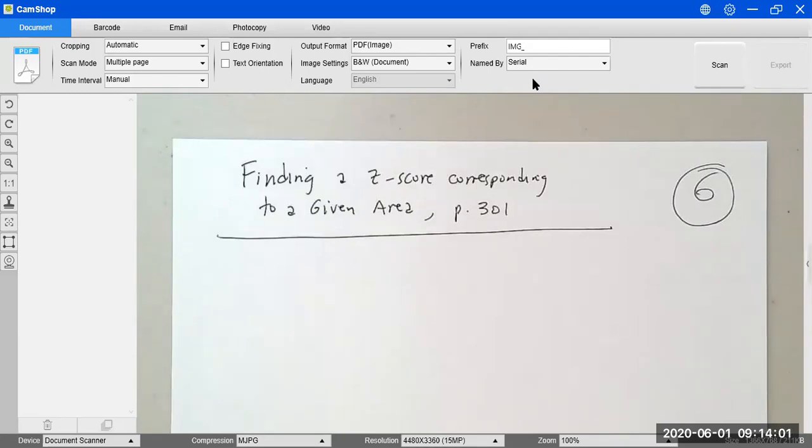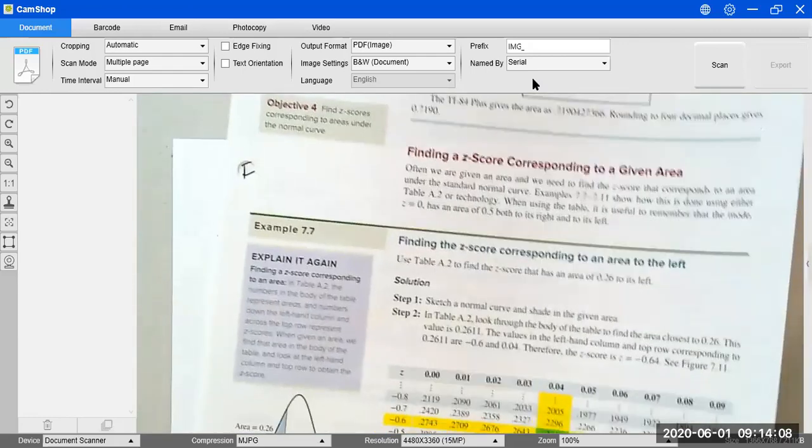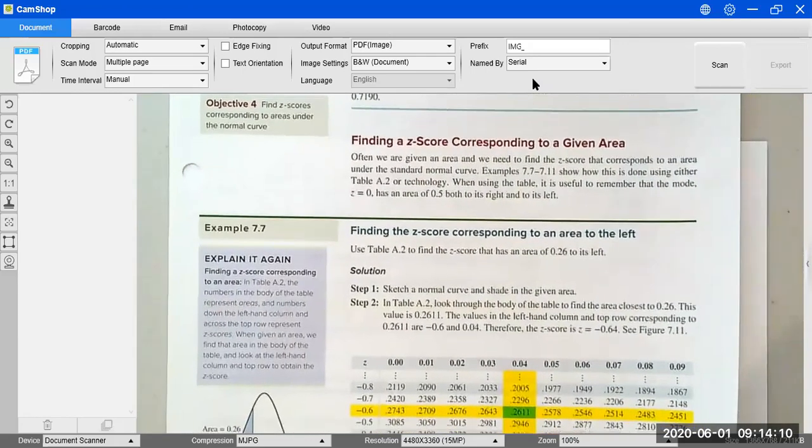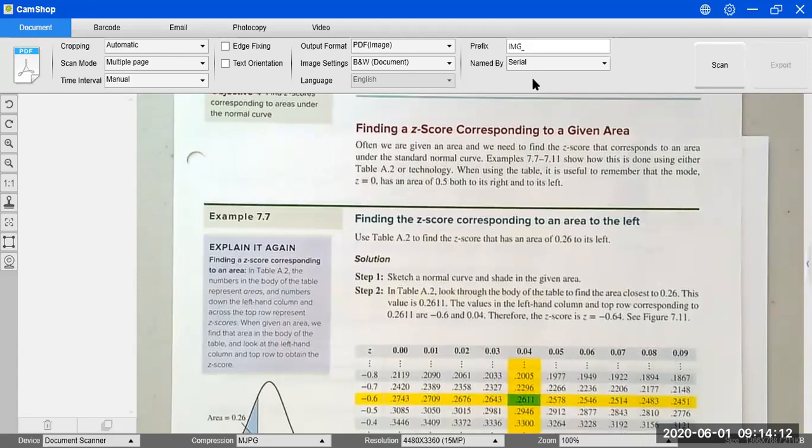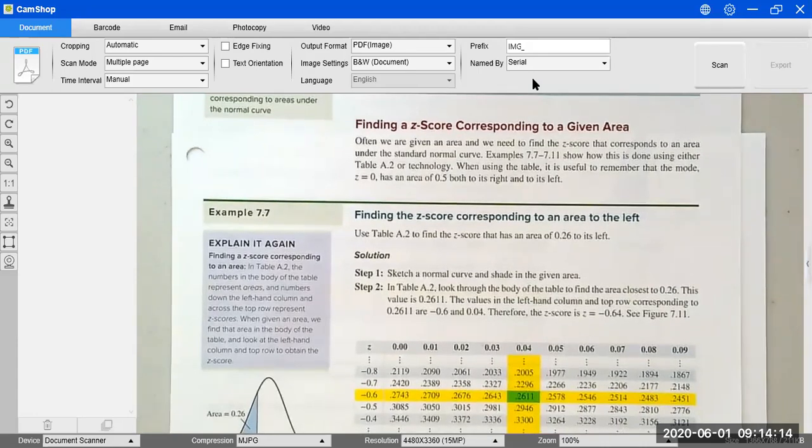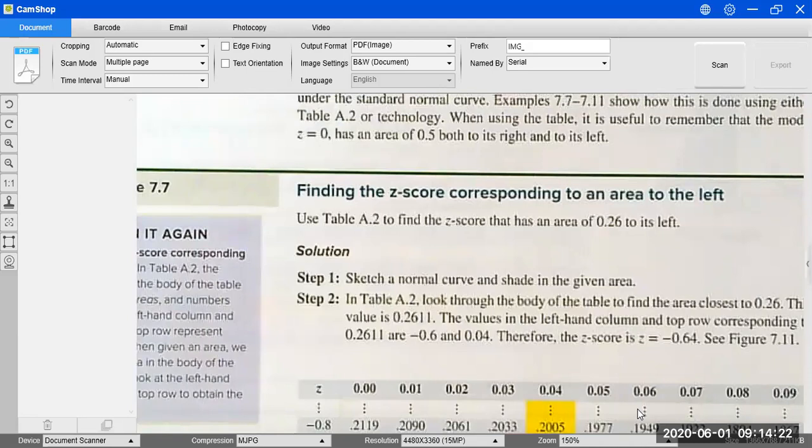We already know that we're going to use a Q function because now we're going to find a quantile given an area. Example 7.7 is here. Again, you can use tables, your text as instrument, or the language R to do this computation. We're going to start with this example on page 301. The problem says use table 8.2 to find the z-score that has an area of 0.26 to its left.